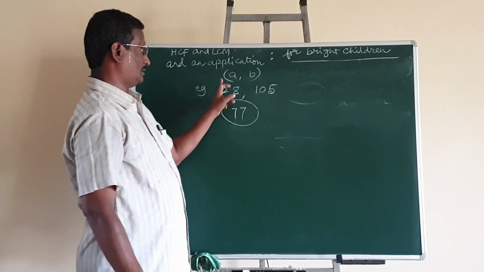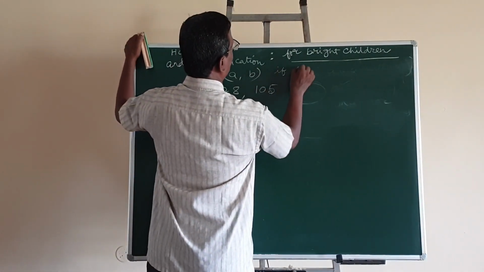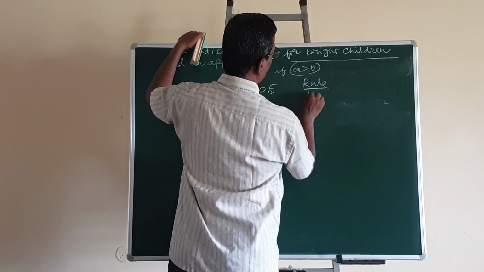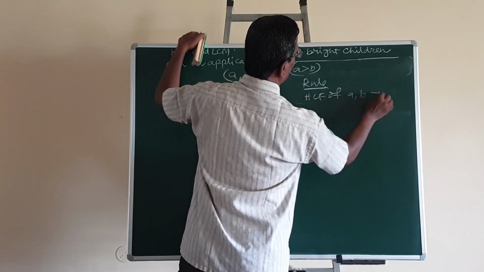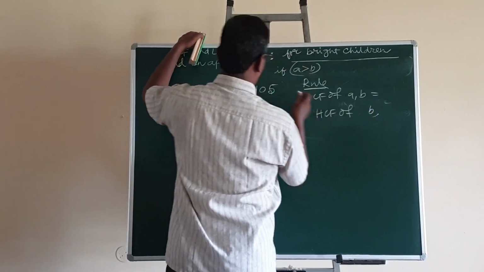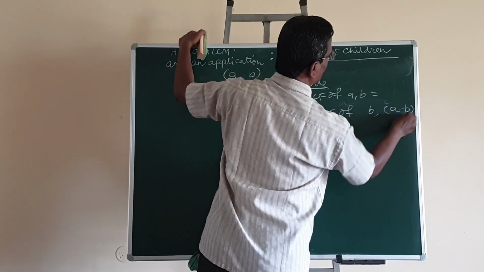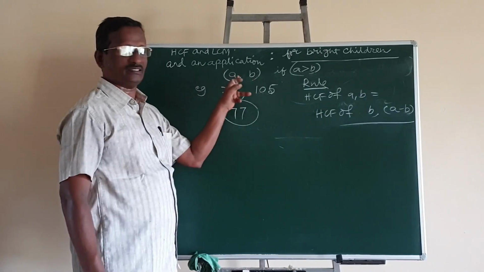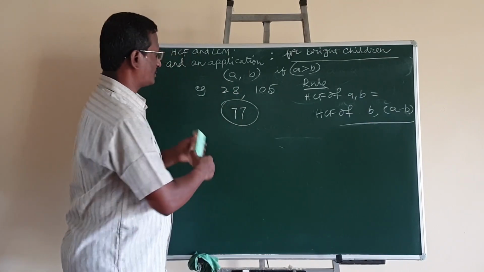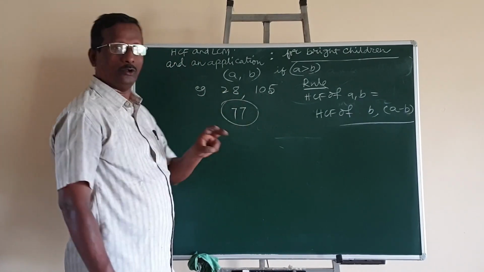Here the rule is: if A is greater than B, the HCF of A, B is exactly equal to the HCF of the smaller number B and the difference of the two numbers, A minus B. Instead of finding the HCF of the two given numbers 28, 105, to reduce the working, I have reduced the number from 105 to 77, because the HCF of these two numbers and the HCF of those two numbers are both equal.